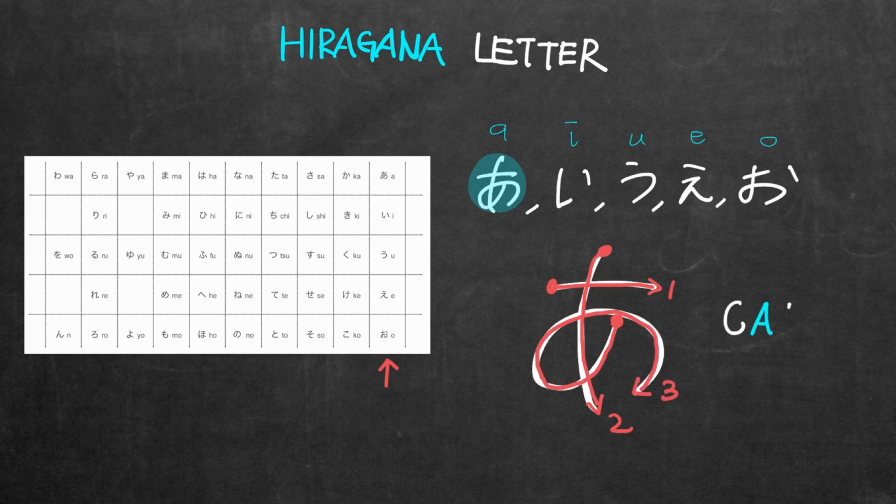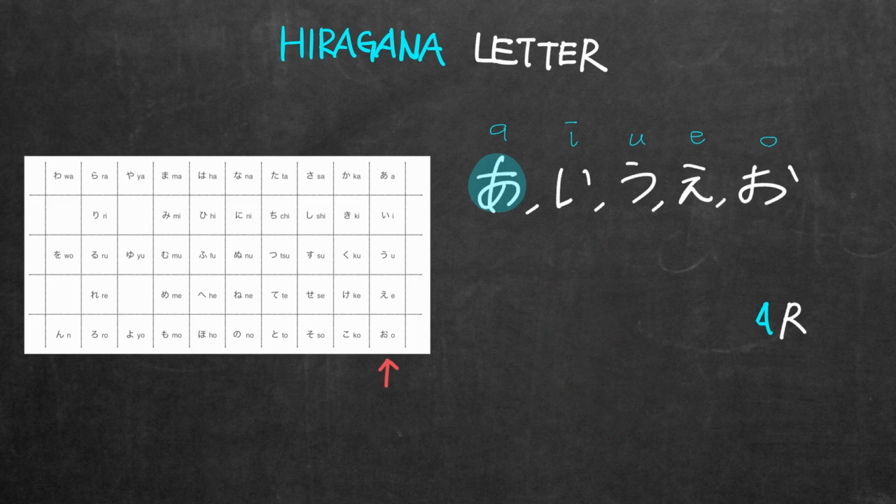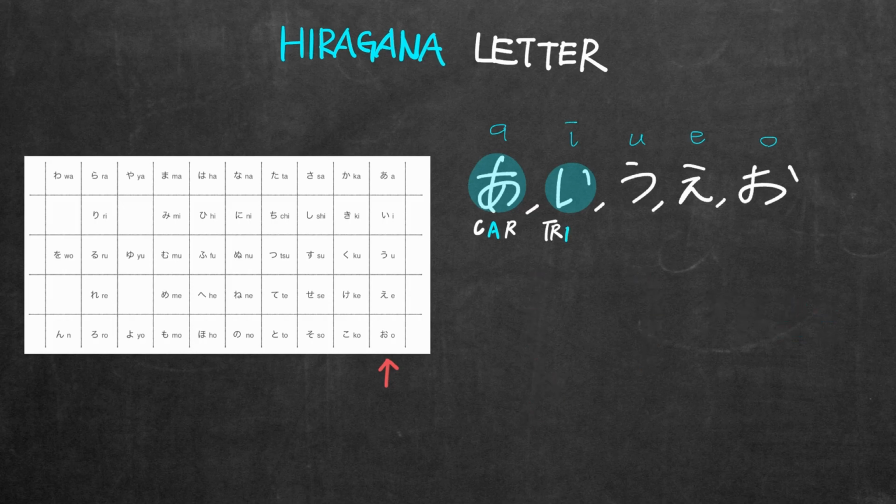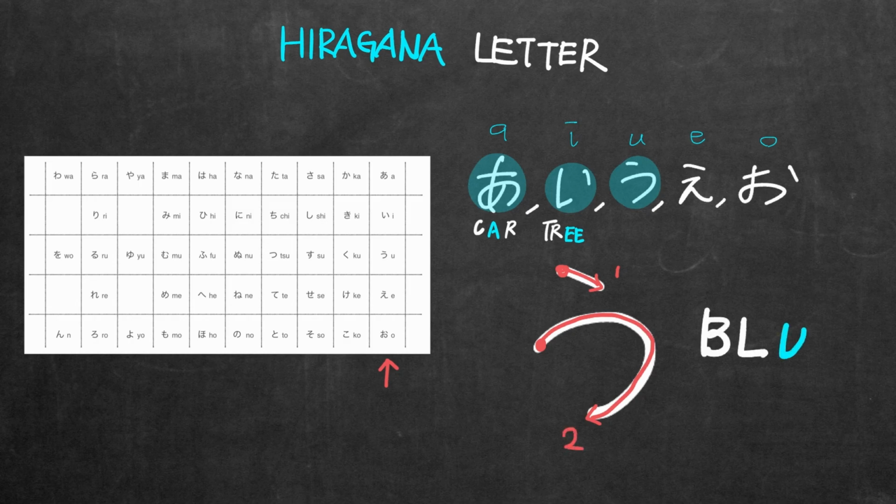It is pronounced as A, as in car. The next one is I. It is pronounced as I, as in tree. The next one is U, pronounced as U as in blue.